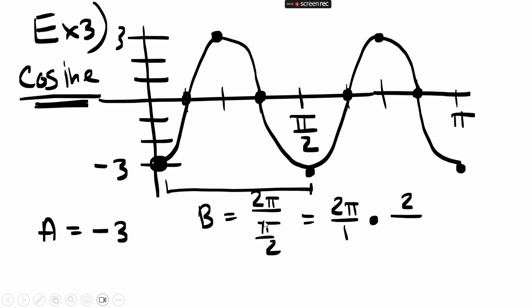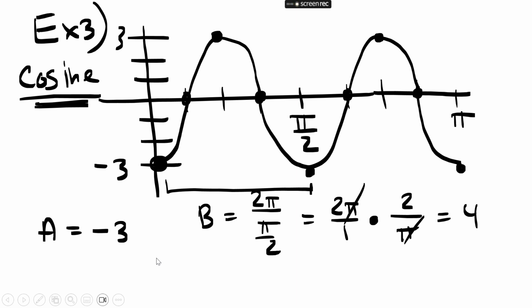So as I move it around, 2 goes to the top, pi goes to the bottom, pi's are gone. So left with 4, and if you got 4 for b, doing great. And I think I have everything I need because I haven't shifted sideways. I have not shifted up. So h is 0, k is 0, and we're on our way.